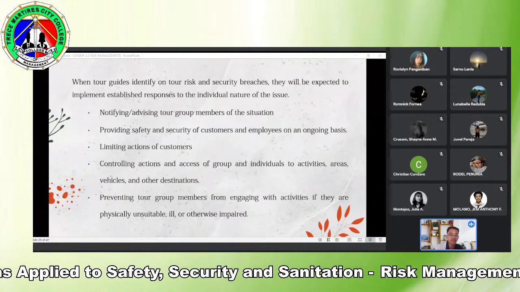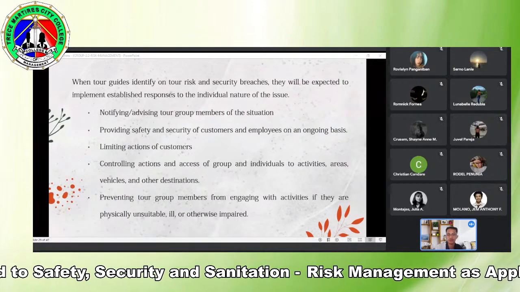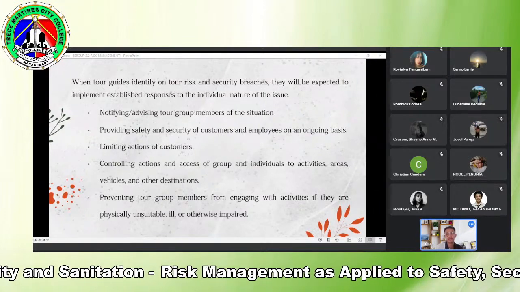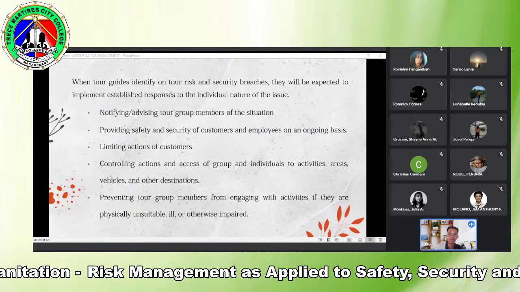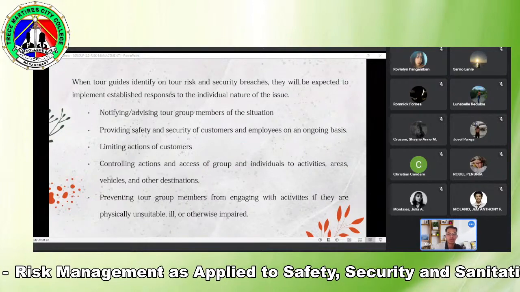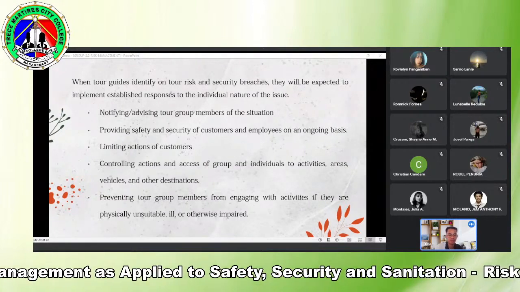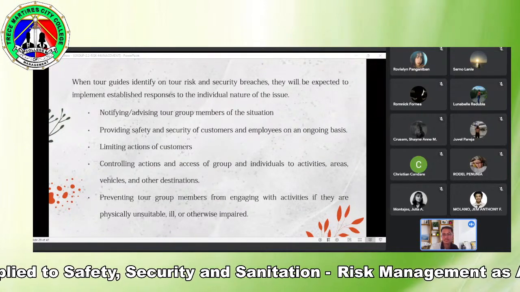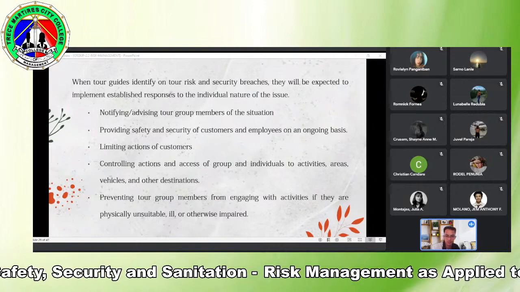The employer's liability for whatever nagawa or mangyayari sa ating mga employees. That is vicarious liability. Thank you, Ms. Benitez and Ms. Jeronimo, for answering sa ating live. Okay, let's proceed. Thank you.